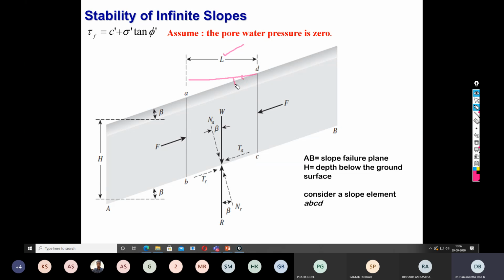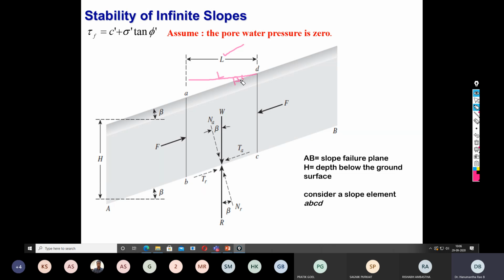This angle is beta and this length is L. So try to determine the inclined length of AD. Horizontal length is L, we can take sin or cos, so depending upon that, L cos beta. So if L is the horizontal length of AD, the inclined length of AD is L cos beta.